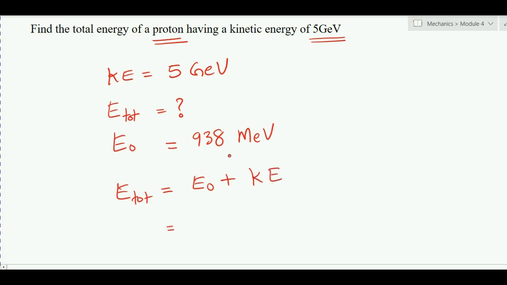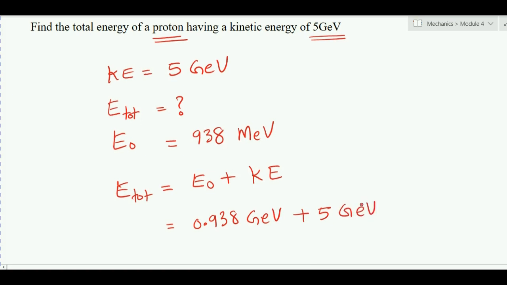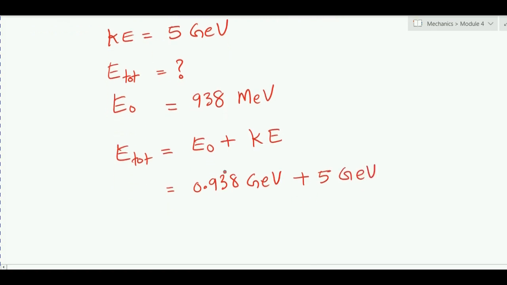Don't mix MeV and GeV. So the rest energy is 0.938 GeV plus the kinetic energy is 5 GeV. So that's going to be the answer, 5.938 giga electron volt.